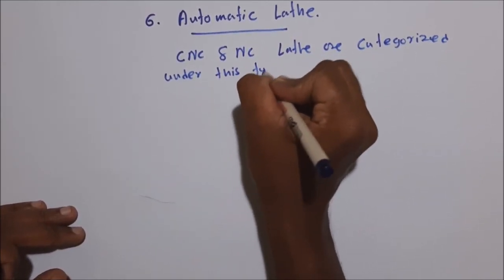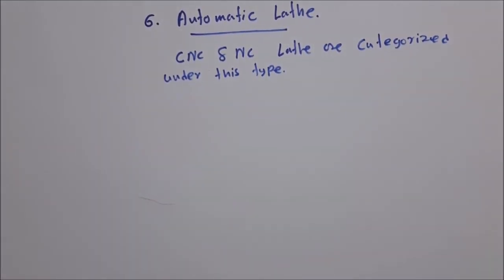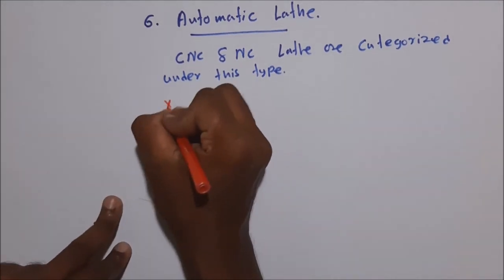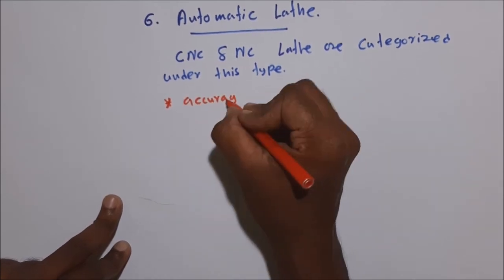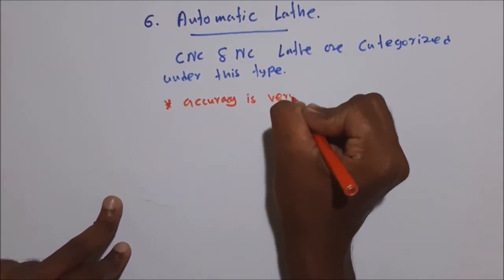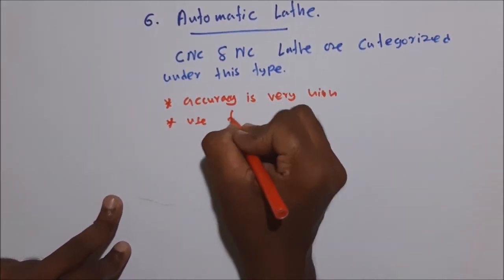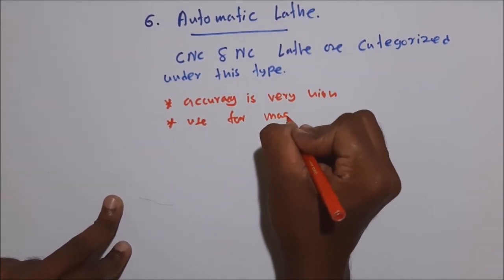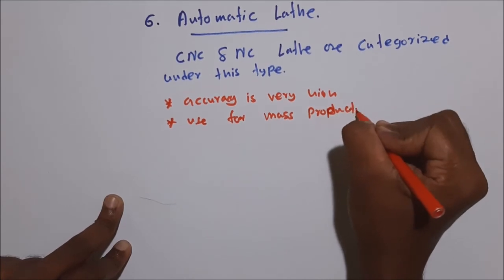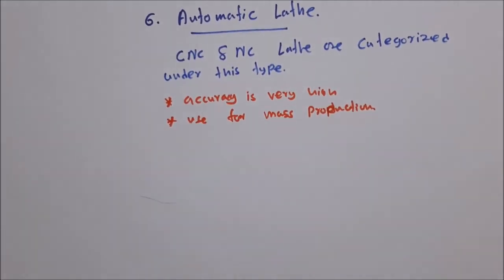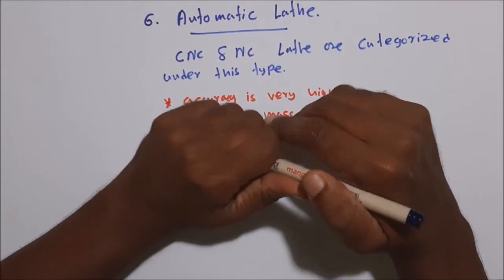Under this type, accuracy is very high. Used for mass production. The main feature of the automatic lathe machine is the tool movement.